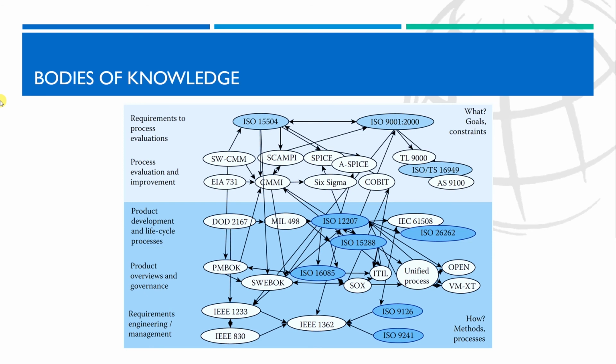These bodies of knowledge focus on the discipline of software engineering, but they can be applied to the engineering of any kind of system. It doesn't matter if it's software, electrical, mechanical, or hybrid.